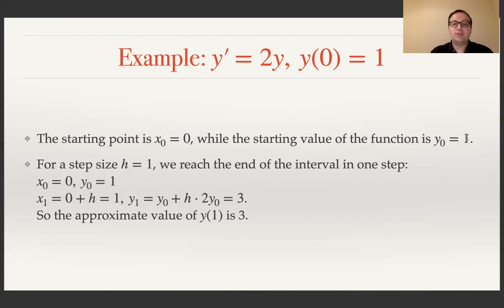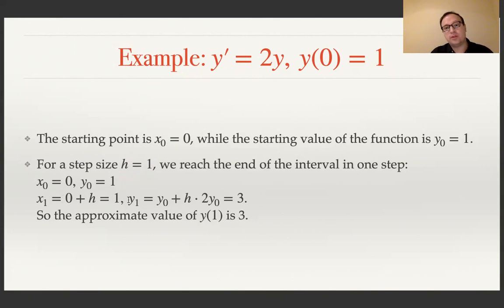And the simplest thing that we could do, but also the least accurate thing that we could do, is to go through the whole interval in one step. So make a step equal to the length of the interval. So let's choose the step size h equal to 1, and then starting at x0 equals 0, y0 is equal to 1, the next step will already take us to the end of the interval and the value that we want to compute. So the next point in the grid will be 0 plus the step size, which is 1.